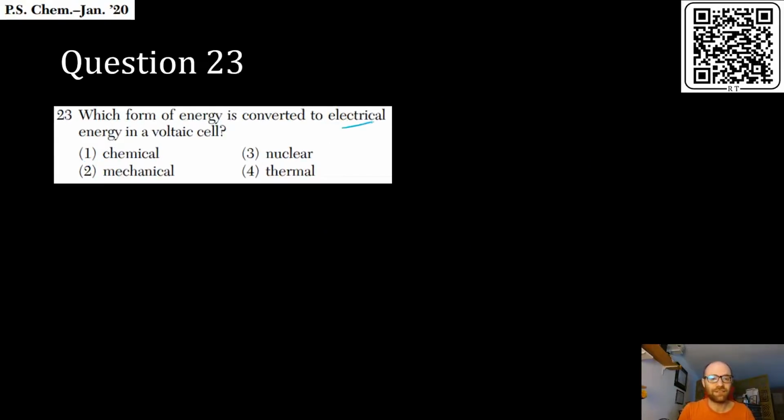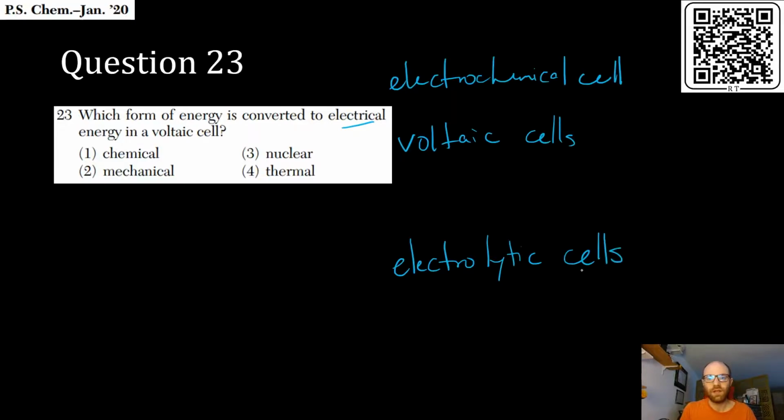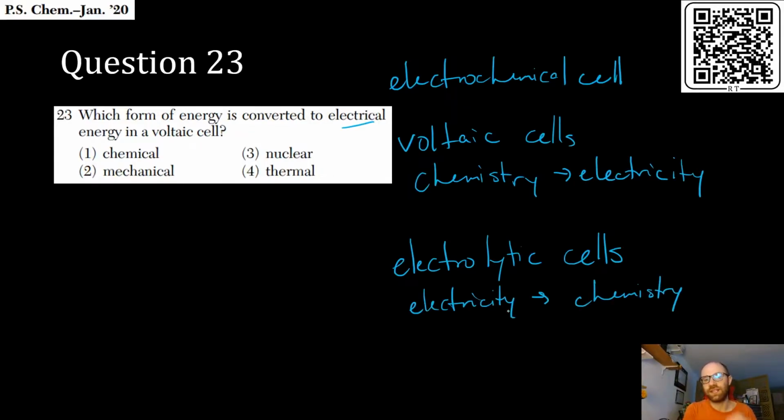Voltaic cell, electrical energy. So if we're talking about voltaic and electric energy, with voltaic cells you're converting chemistry into electricity. And for the electrolytic cells, you're converting electricity into chemistry. Both of these fall under the term electrochemical cells, which is just anything that's converting between chemistry and electricity.